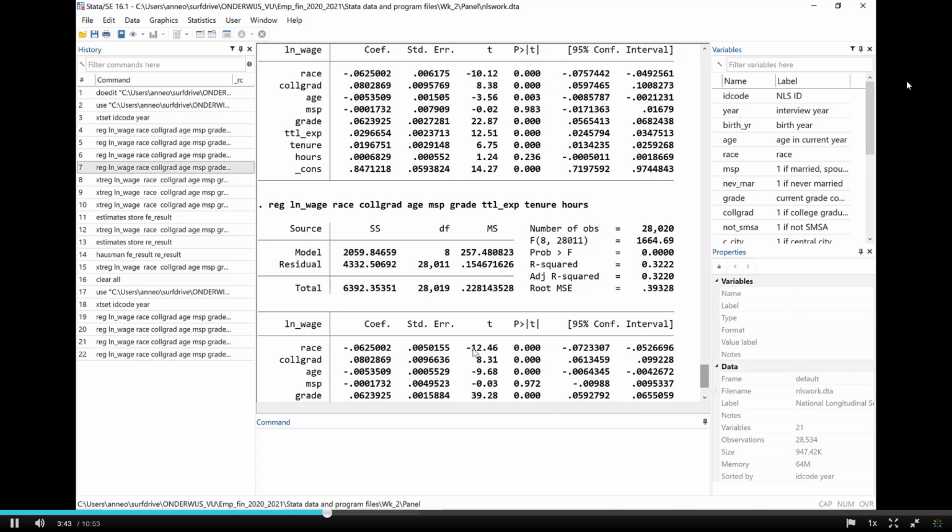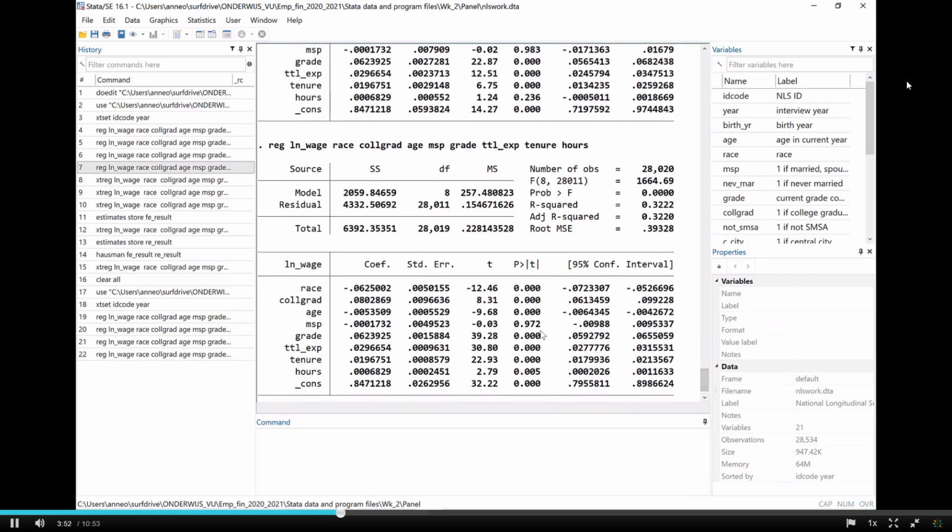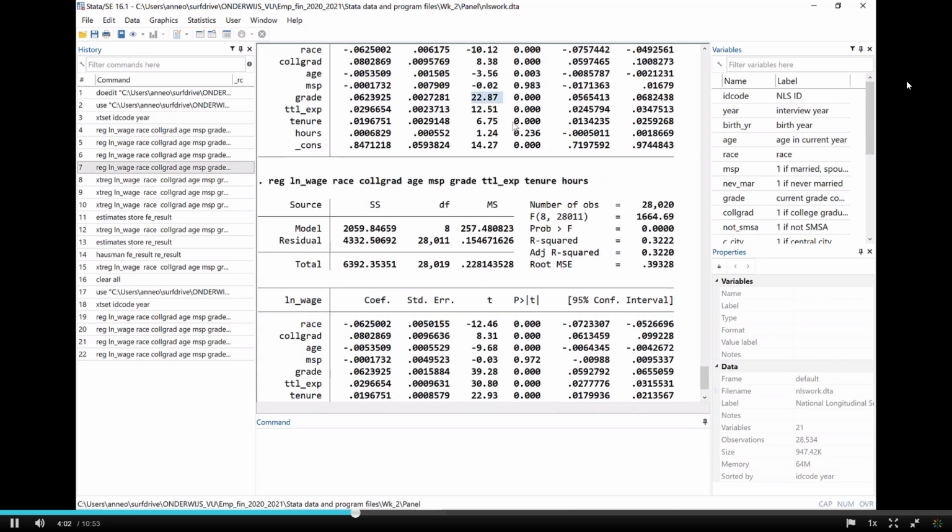Here you see minus 12, minus 10.8 are almost the same, 22 and 12. Here you see even that grade, that is quite a difference. Grade still decreases from 39 to 22.9. Put differently, indeed, the standard error now increases.